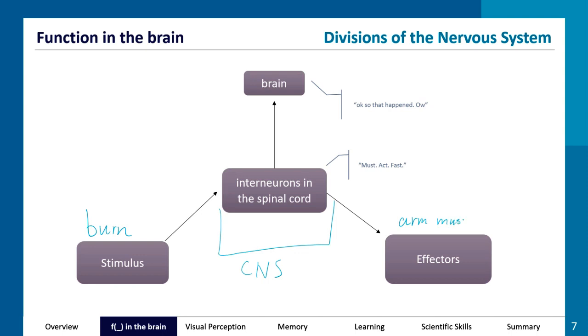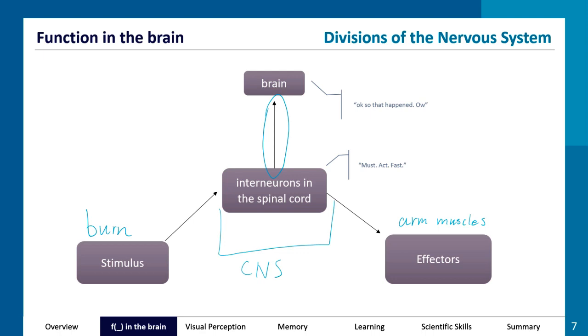In this case, it's your arm muscles that are acting as the effectors. Now this arrow here indicates that the message does still go to the brain. So the brain is still informed, kind of like, oh, FYI, you're burned, might want to do something about that. But it's not actually going to be carrying out the instruction to move your arm away, that's already done.